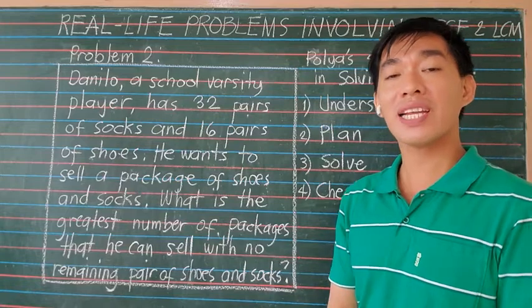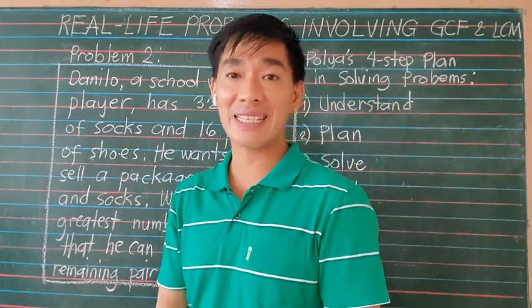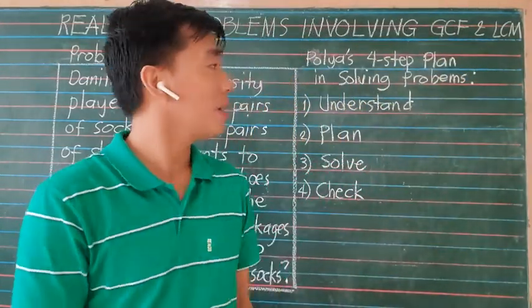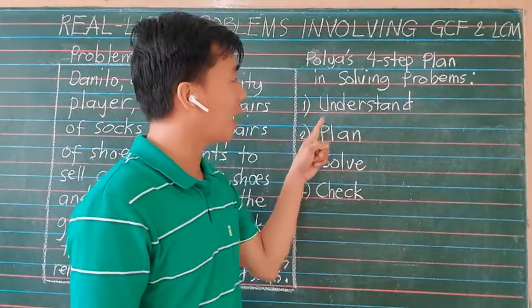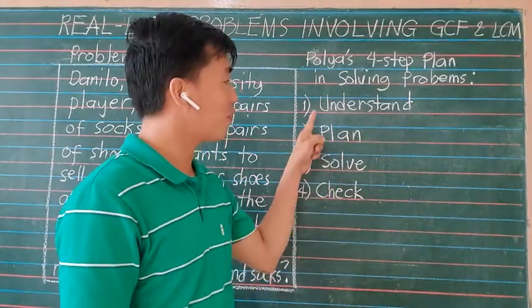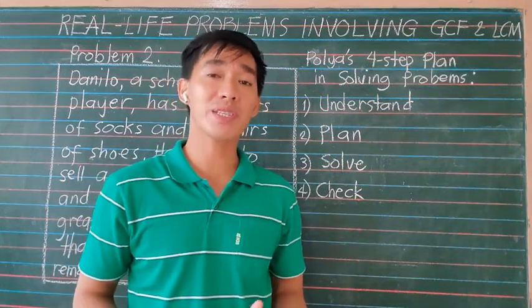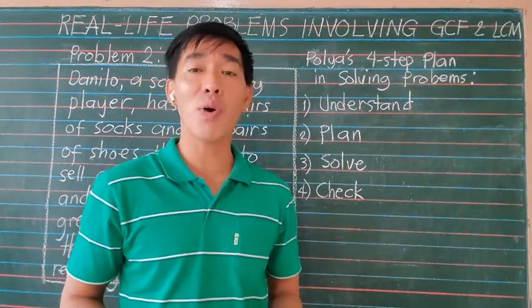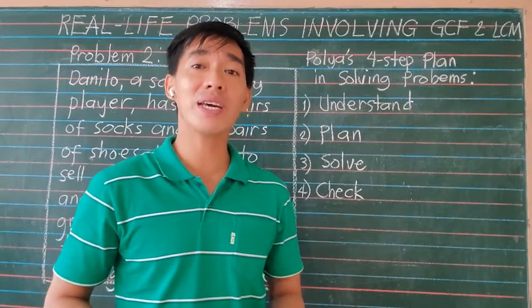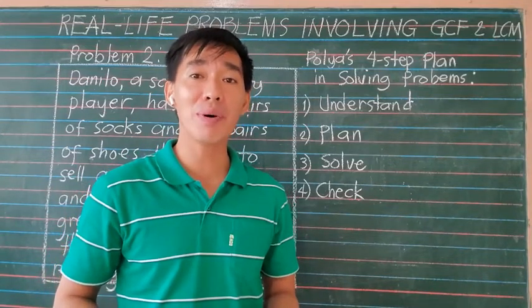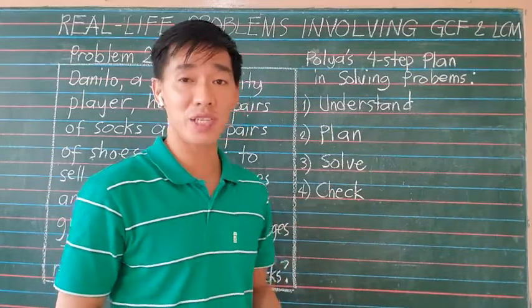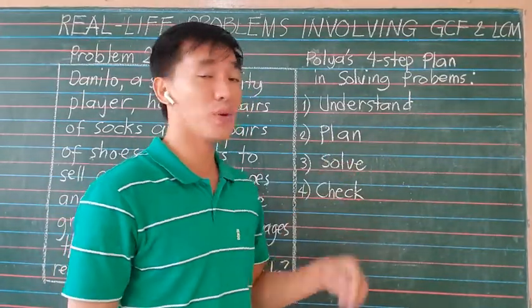Of course, let us always be reminded and be guided in solving the problem by this 4-step plan of Polya. So the first thing that you have to do is to understand. And in order for us to understand the problem, let us always know what is asked and what are the given and how we will be able to arrive at the answer. The next thing that we have to do is to plan.